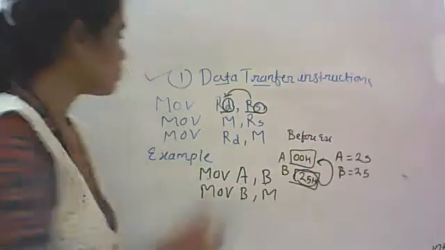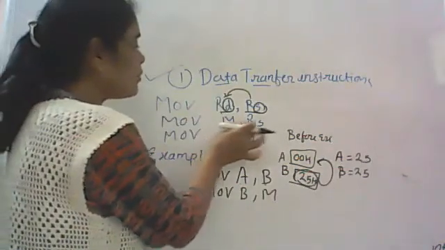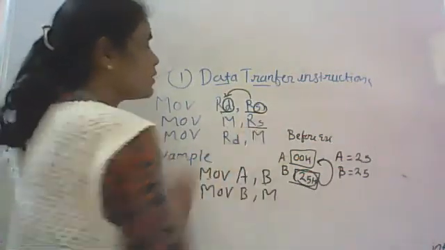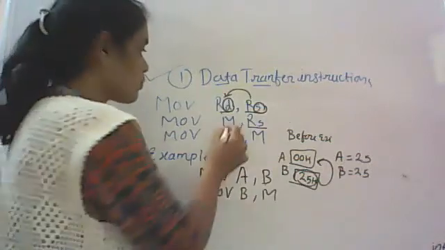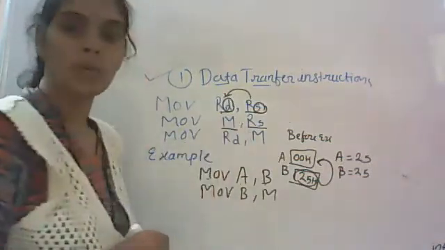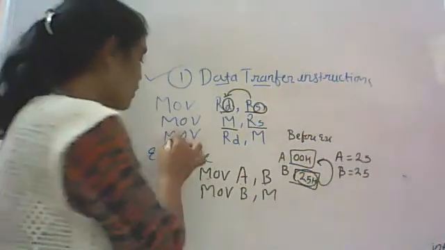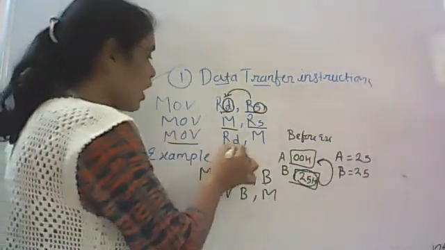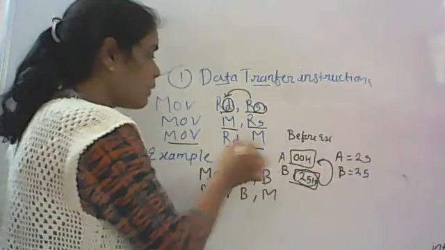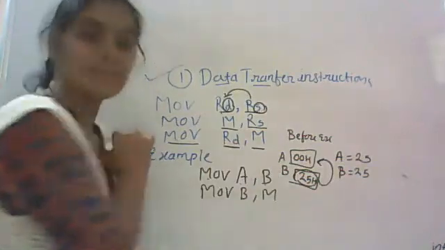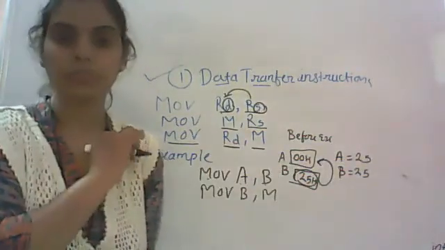Next is MOV M, Rs, where Rs is the source register and M is memory. Now next is MOV Rd, M, where M is memory and Rd is the destination register.